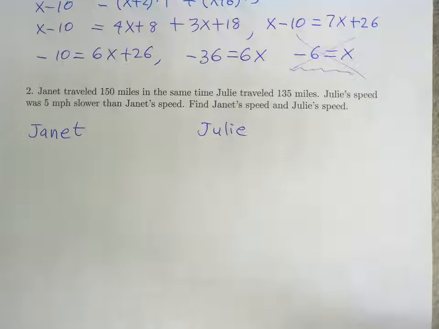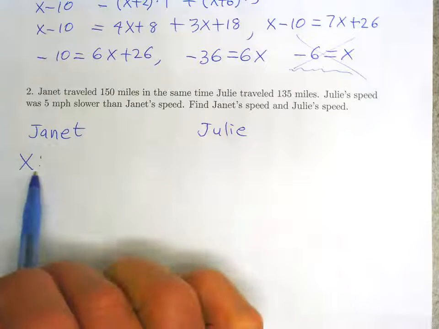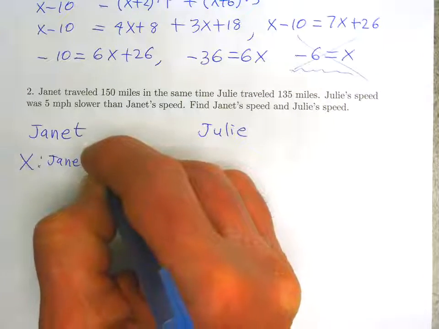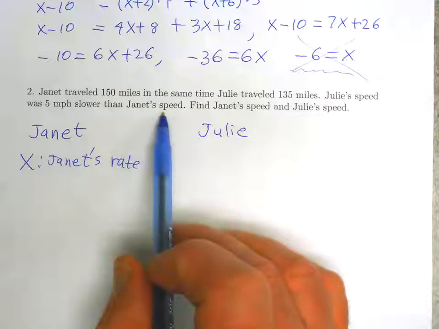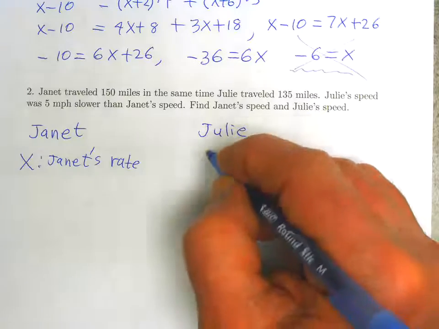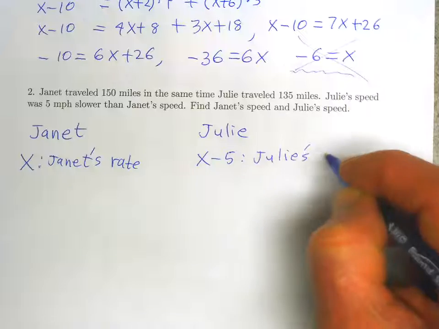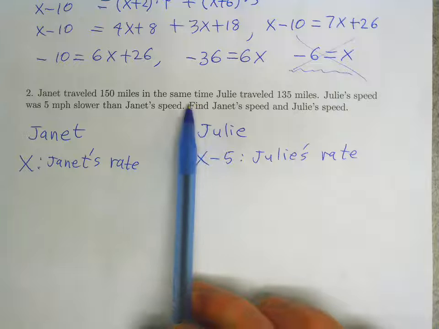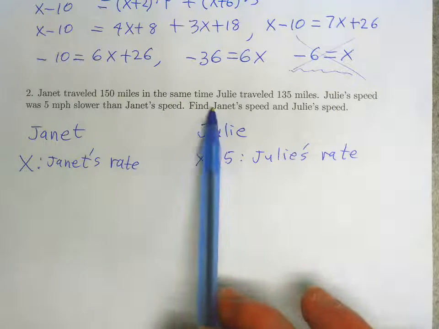Well, we have a couple of options. If I say I want x to be Janet's speed or rate, Janet's rate, and Julie's speed was 5 miles per hour slower than Janet's, so for Julie, x minus 5 is her rate or speed. And we know that they each spent the same amount of time traveling.